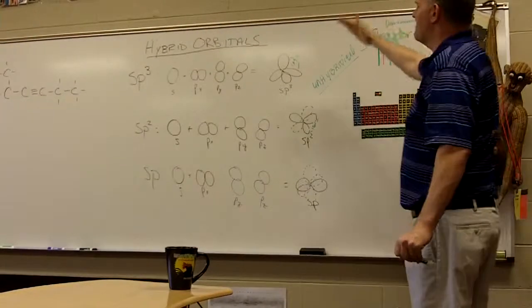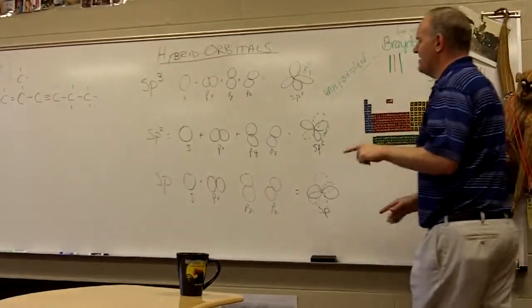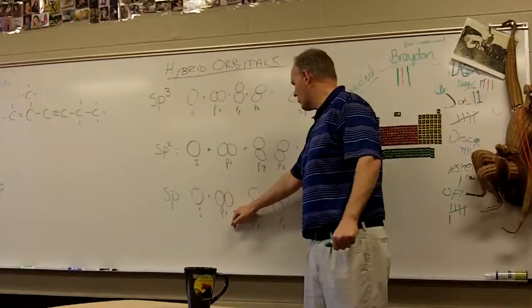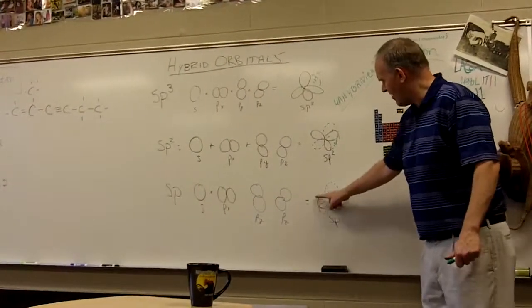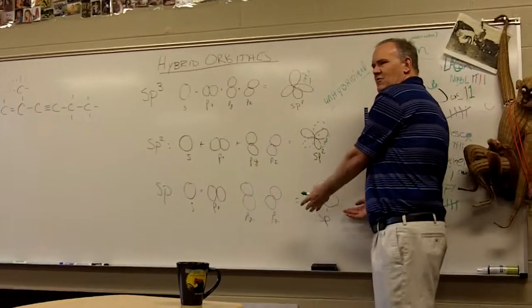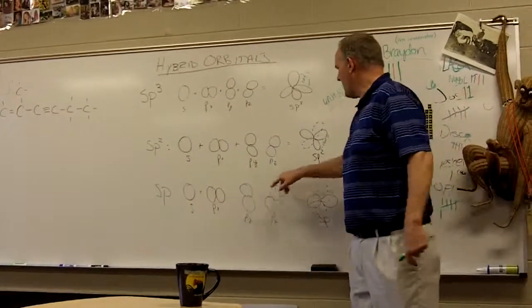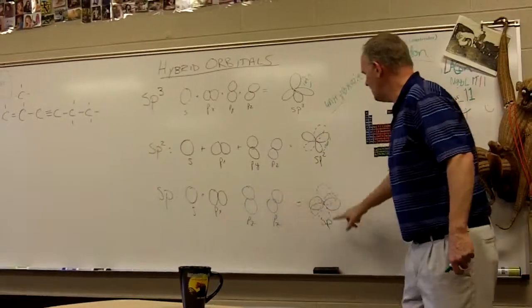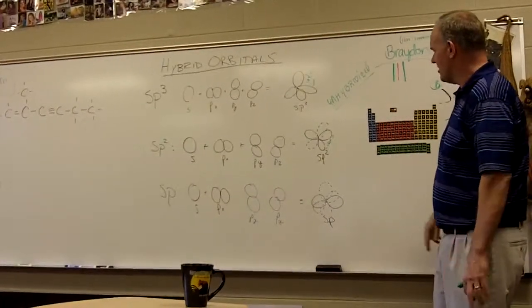And finally, the last type of hybrid orbital is the sp orbital. We're going to throw an s and just one of the p's in to make a hybrid orbital. That is this black line here, which basically looks like a bigger p orbital, doesn't it? But notice that now we have not one leftover unhybridized p orbital, but two. That gets kind of messy when you're bad at drawing like I am.